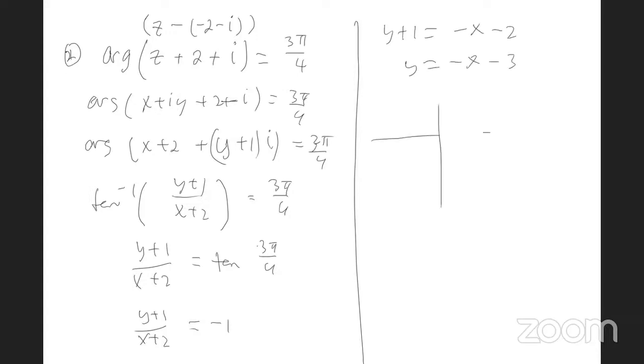You see the y-intercept is negative and it has a negative gradient, so it might look something like this. There's your y-intercept. We need to know where to cut off.